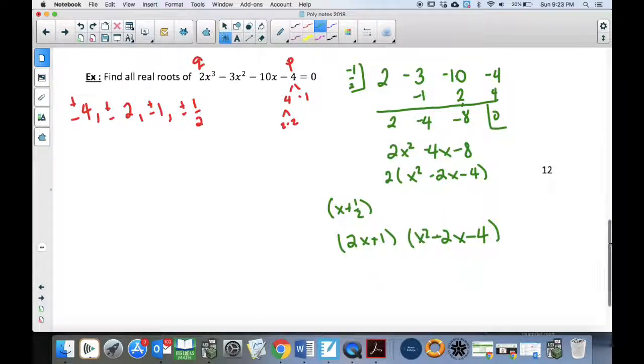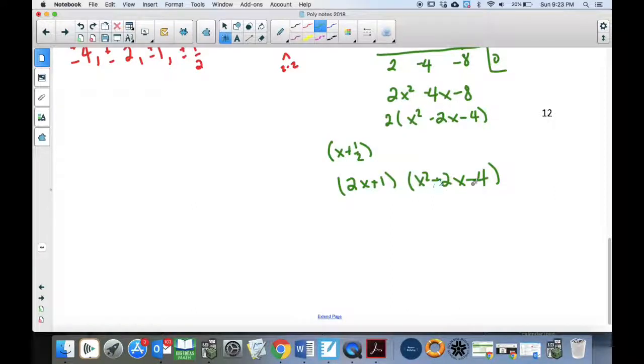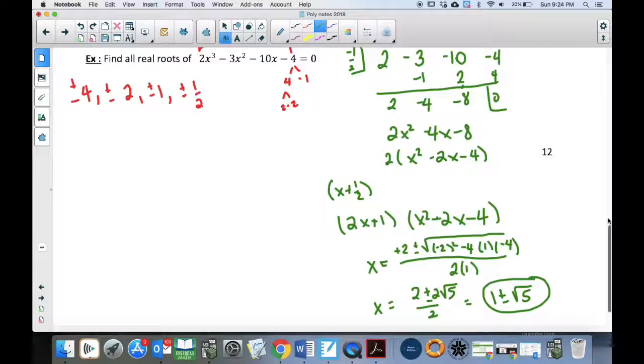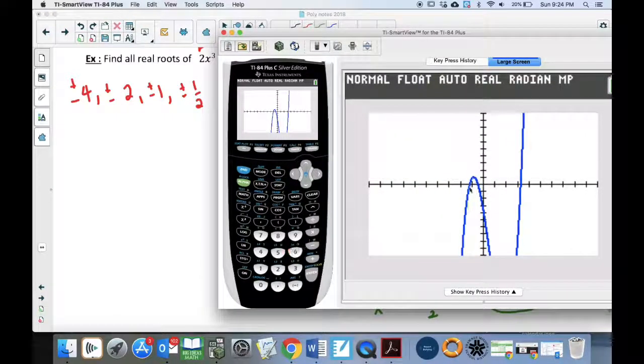So I'm going to take a minute to do the quadratic formula with this trinomial. I do my quadratic formula and I come up with these two solutions. And remember, these are two solutions. I could convert that to a decimal and graph it, and it would be these two points here. That's what would come out for my 1 plus and minus radical 5.